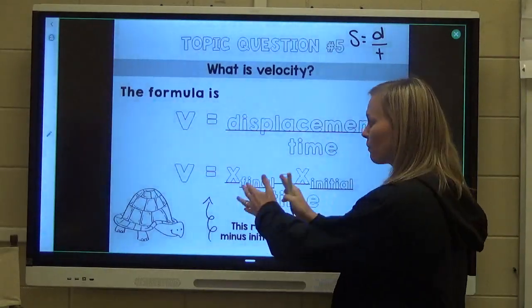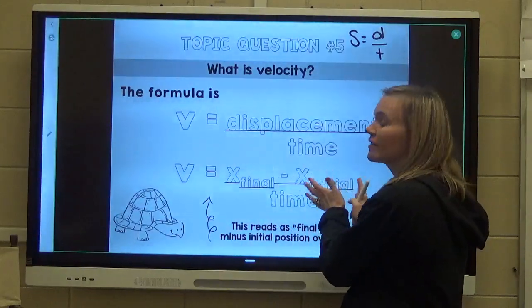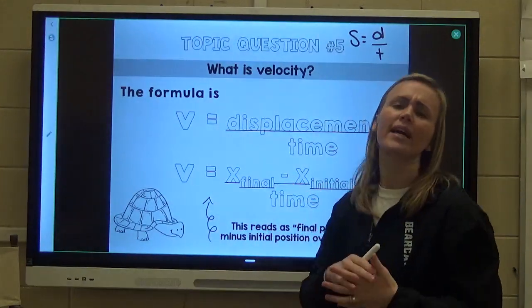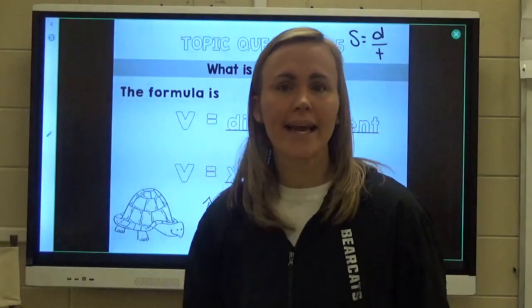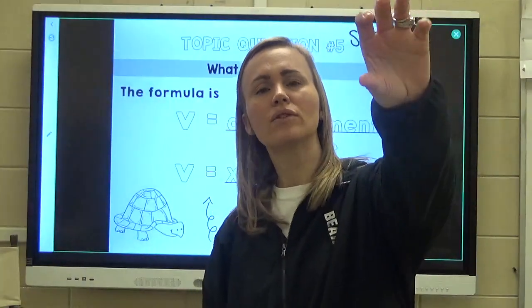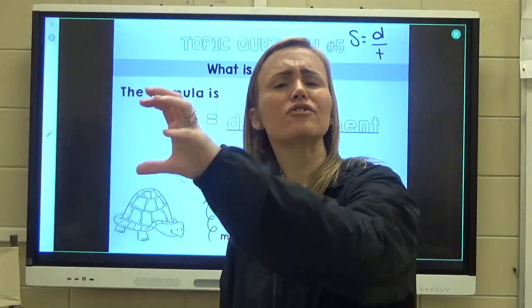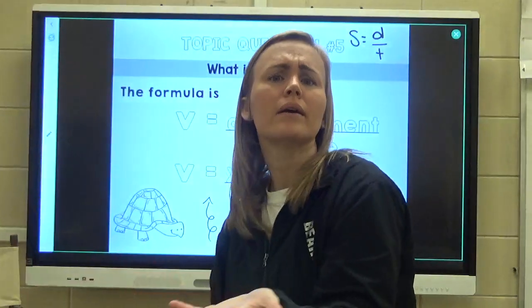So we take the spot that we finished at, or the speed that we finished at, and subtract the initial speed from that. So if we're looking at a cheetah that was laying down and then he took off running, we're going to take that speed that he was running at when he took off as our final speed, and his initial speed, which he was laying down, would be 0.